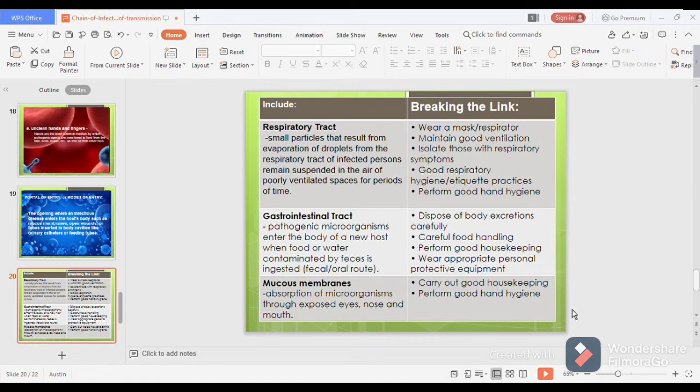In gastrointestinal tract, pathogens, microorganisms enter the body and new host through contaminated food.